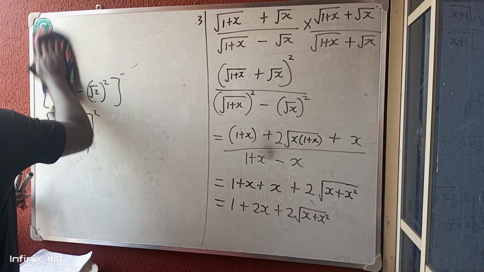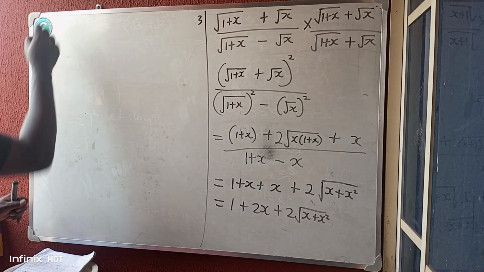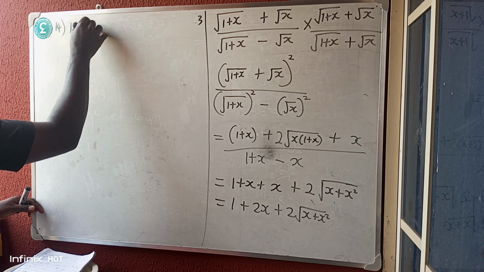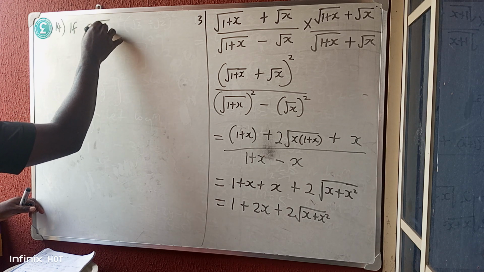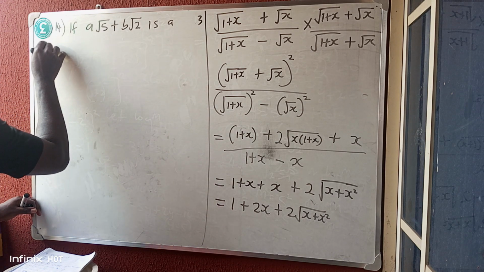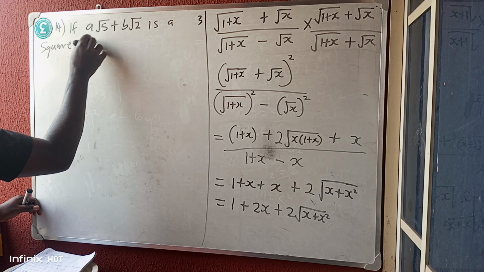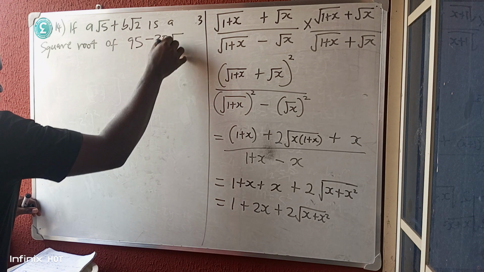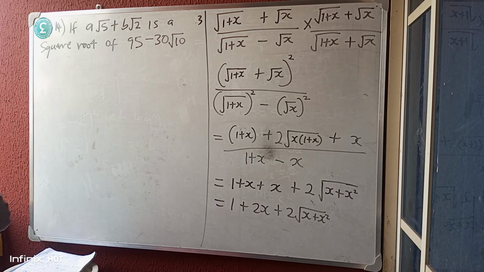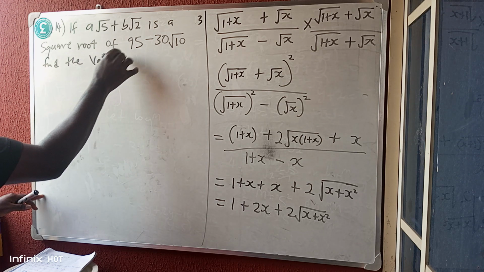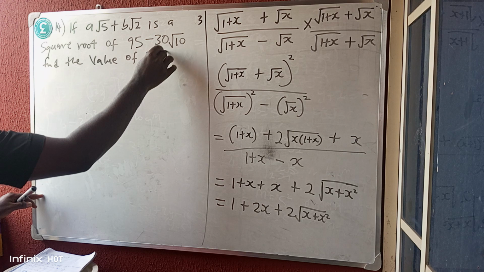So the next thing, number 14. Number 14 says that if a root 5 plus b root 2 is a square root of 95 minus 30 root 10, we should find the value of a and b.